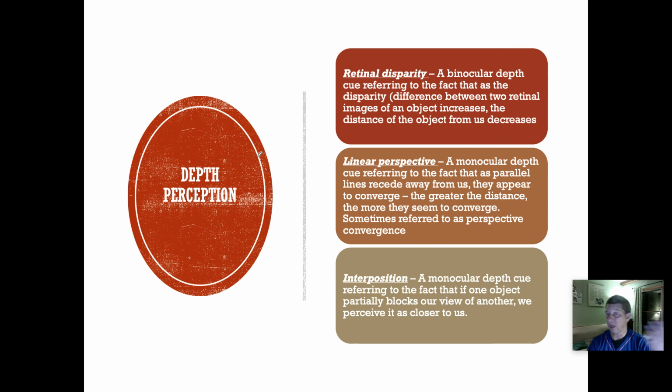Therefore, he's behind the car. That means the car is closer to you. That principle of depth perception is referred to as interposition. You can find the relative distance of objects from you based on other objects in your field of view.